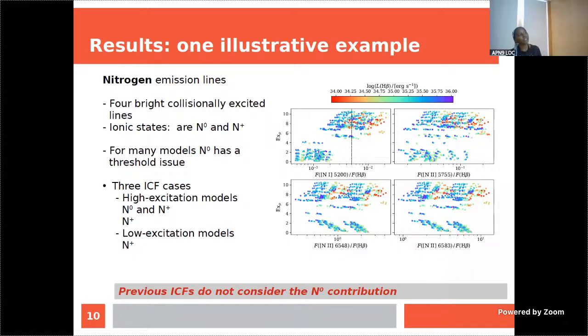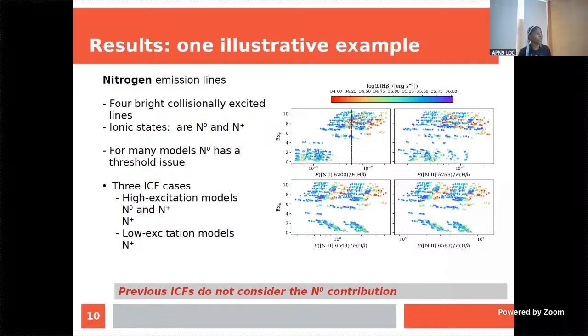In most of the spectra I have, we do observe this one, but not always. And you see that for the low ionization, low excitation objects, you do not have this line. You cannot consider this line because of this threshold. And then you have 2 cases, so 3 cases in all. For the ICFs for nitrogen, it's the one based on the high excitation models.